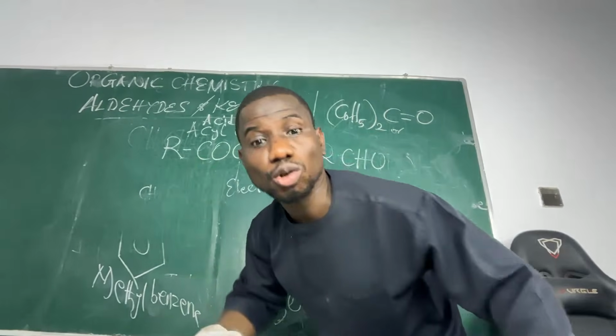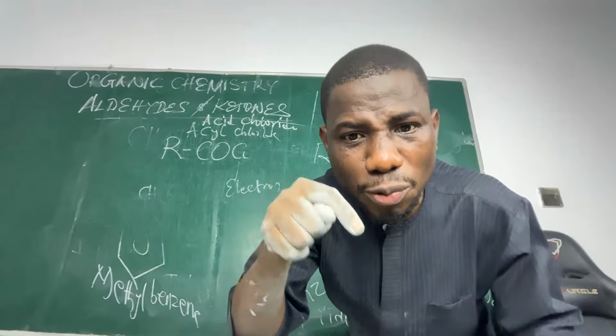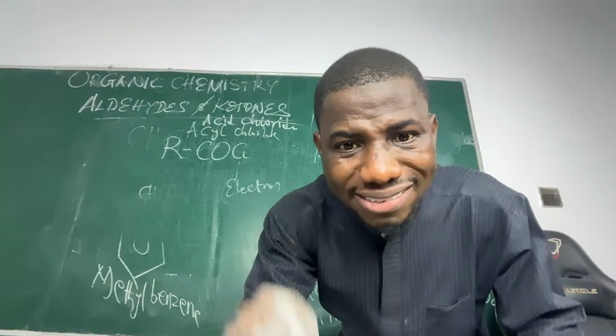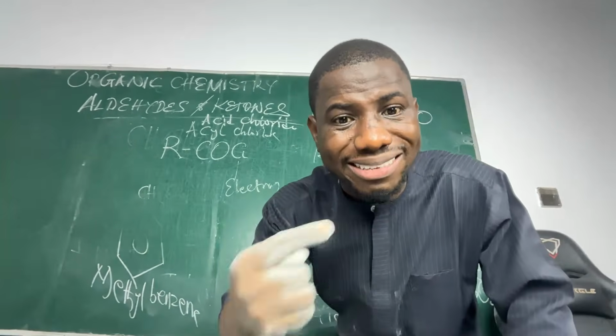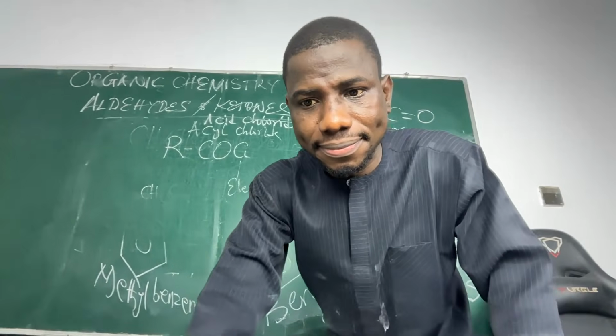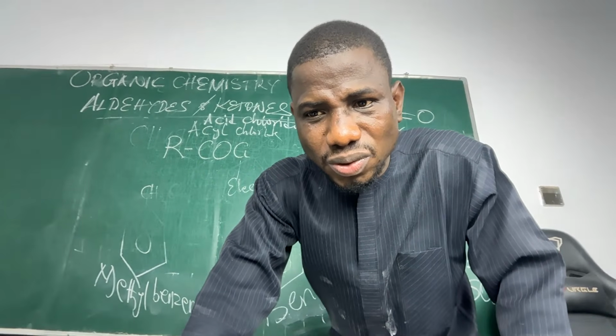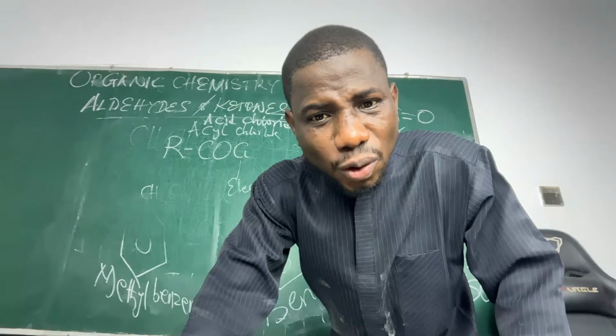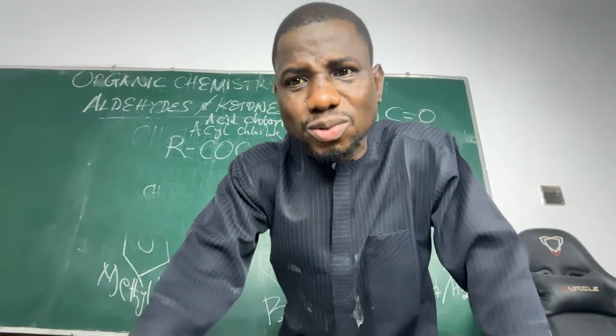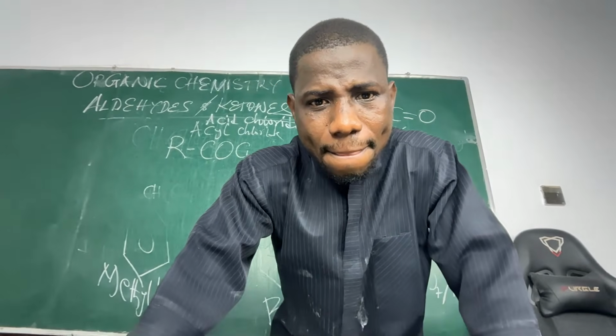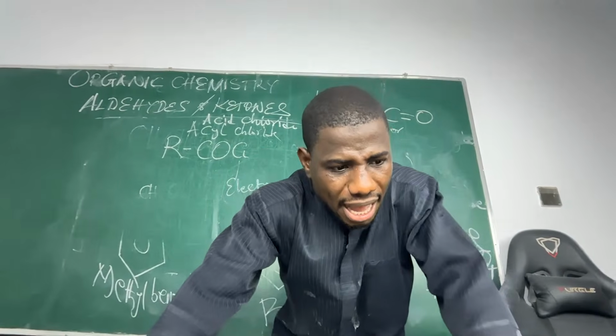Addition of hydrogen is also reduction. That's why we say reduction of acid chloride, or reduction of acyl chloride. Does that make sense to you? If it does, please put in the comment section, yes sir, so that we know you're following.